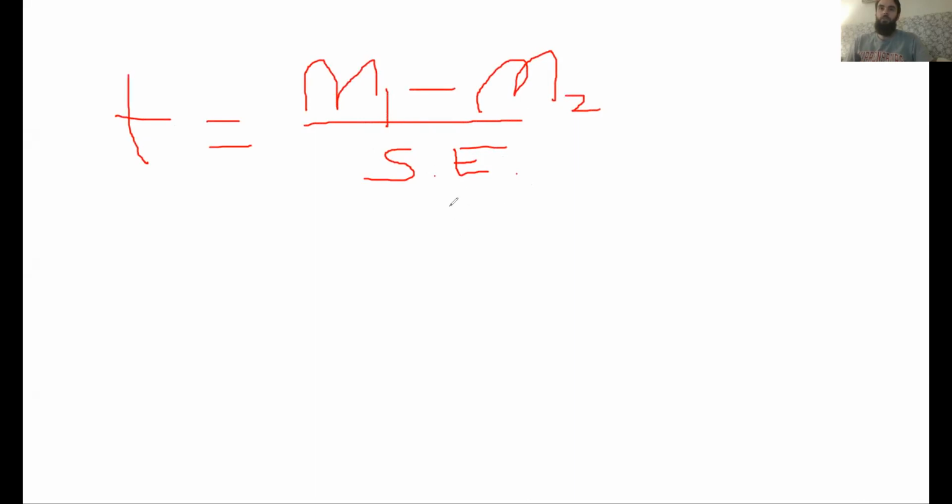That's what t-tests do. It subtracts one mean from another mean and then divides by sampling error. But with ANOVA, we have more than two means.